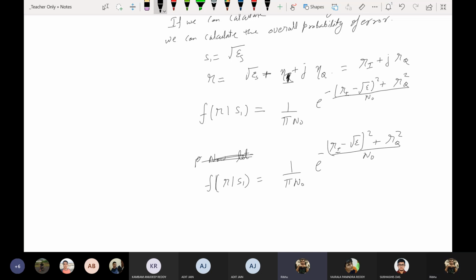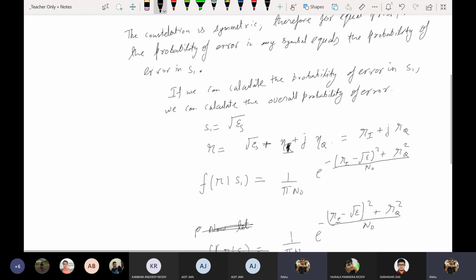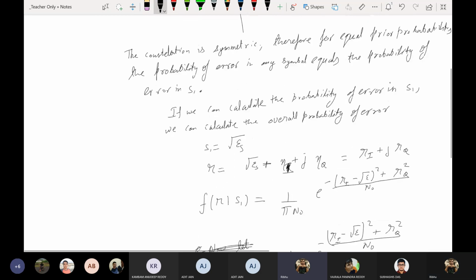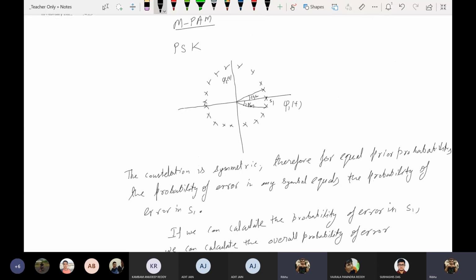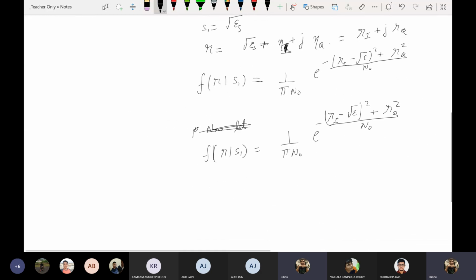Right. But the problem is that we are looking at this constellation in polar coordinates, and this PDF we have in the form of Cartesian coordinates, right? Yes, sir.